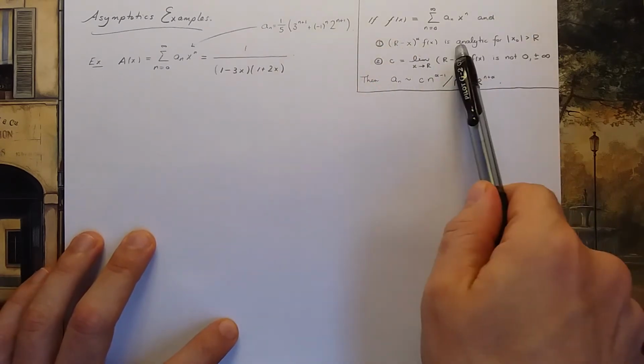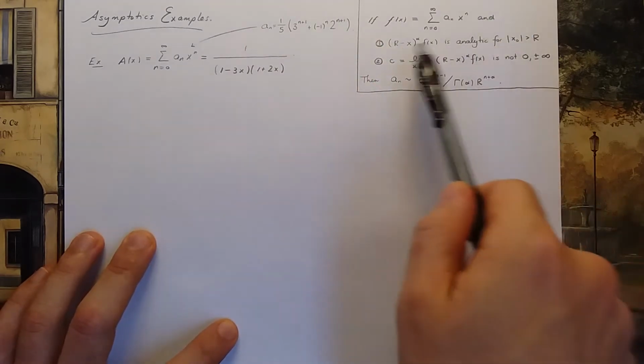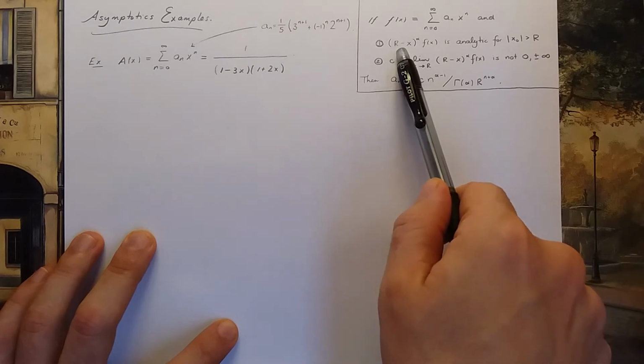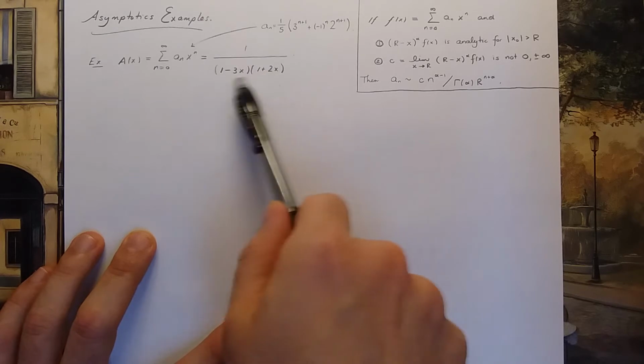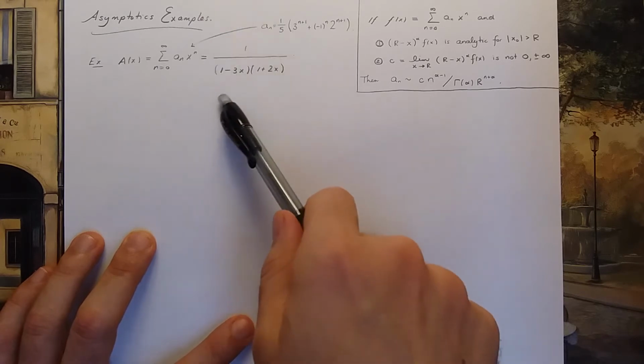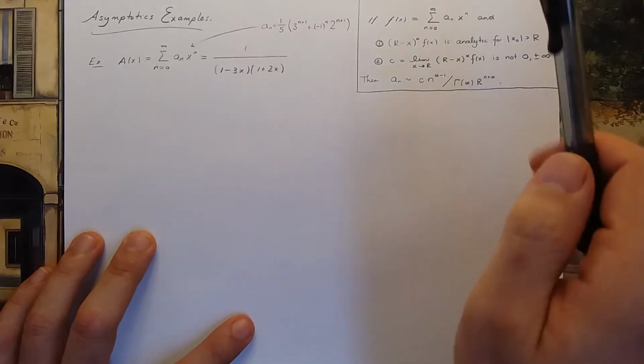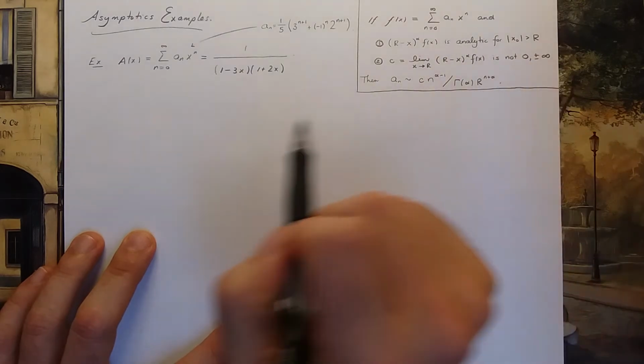Now, condition 1 says you need to be identifying the singularity with smallest complex magnitude. You want to find the singularity of this function that's closest to 0. Otherwise, this approach won't work because condition 1 won't hold.